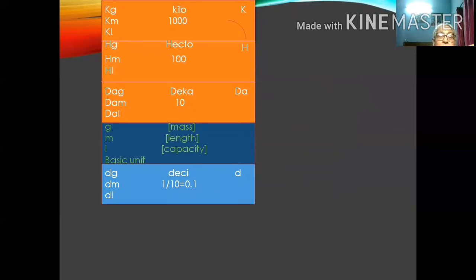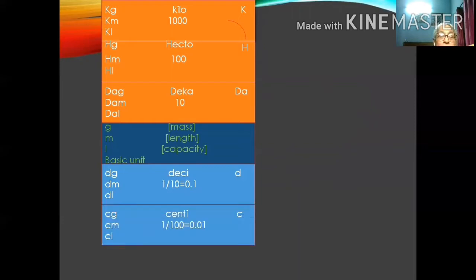For mass it is dg, decigram, for meter dm, decimeter, and for liter dl, deciliter. Then the hundredth part of the basic unit is centi: cg, centigram, cm, centimeter, and cl, centiliter.